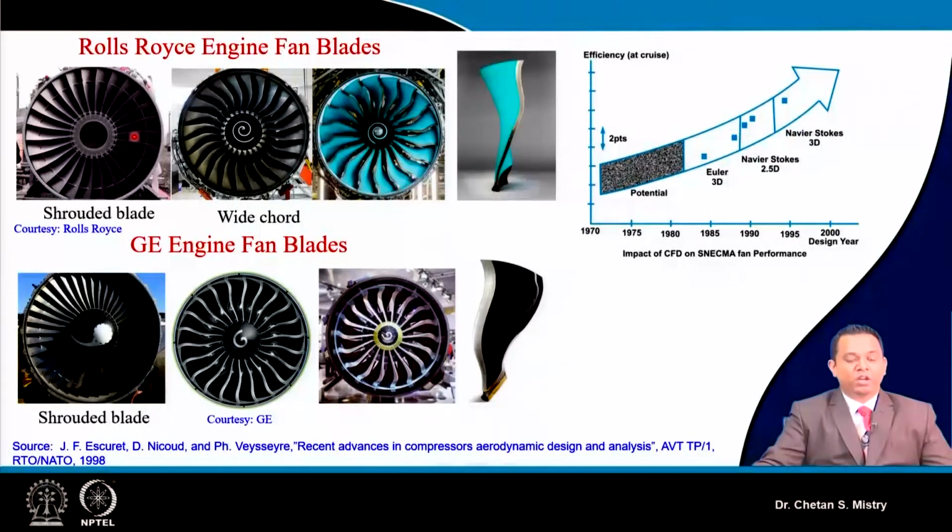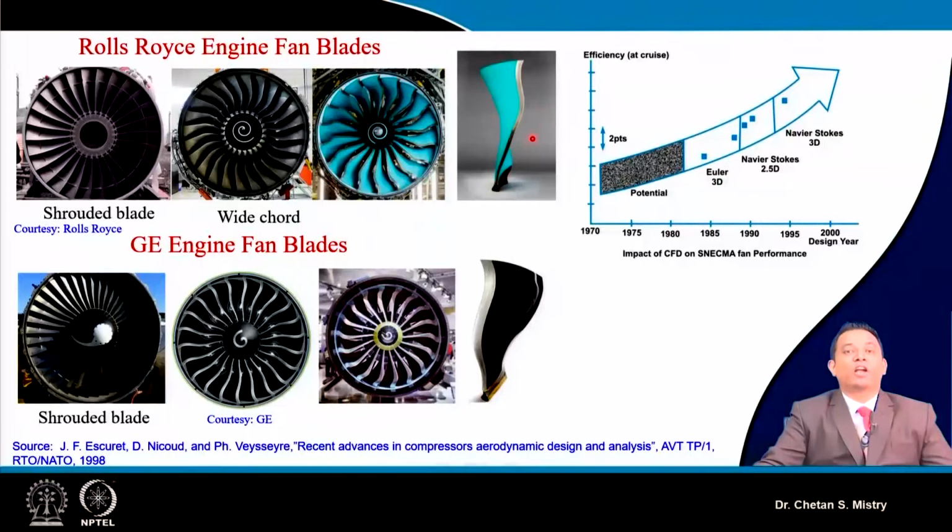Here, as we have discussed earlier also, these are the rotor blades for fans developed by Rolls-Royce as well as GE, thanks to CFD, to come up with the latest blade. These blades are not shrouded blades; they have an all three-dimensional shape.